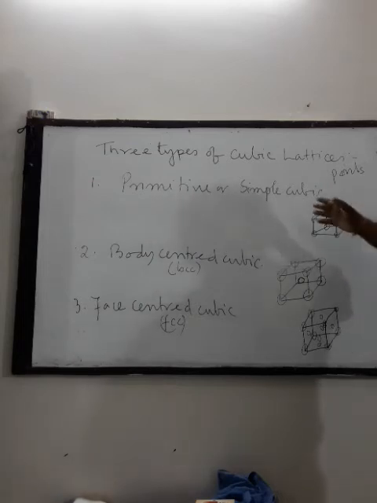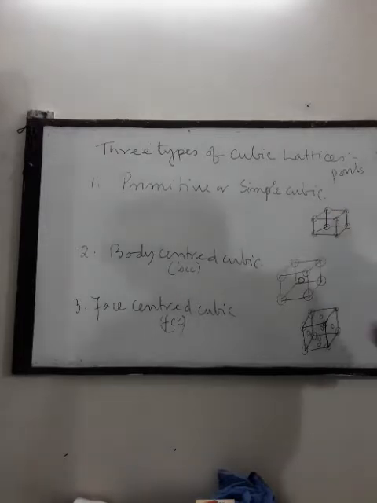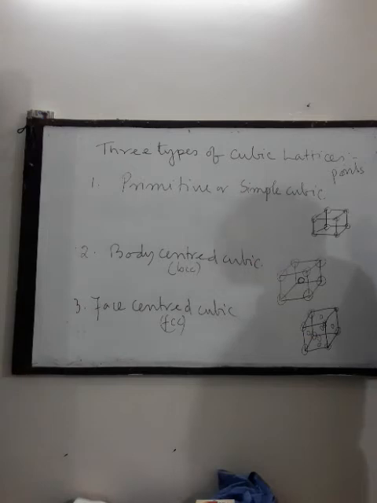So in primitive or simple cubic unit cell, points, that is atoms, molecules or ions, are present at corners. In case of body-centered cubic unit cell, also known as BCC, atoms, molecules or ions are present at 8 corners and, in addition, one at the center of the unit cell.